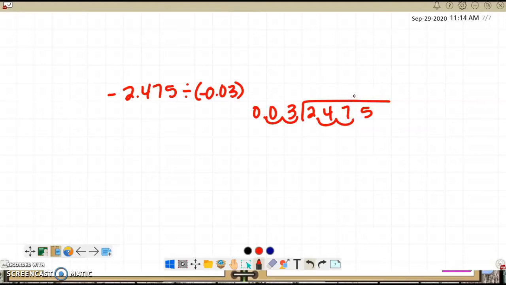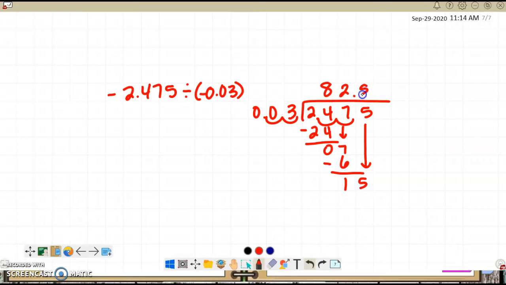Bring it to the top. 3 will go into 24 8 times with 0 left over. Bring down your 7. 3 will go into 7 2 times with 1 left over. Bring down your 5. And 3 will go into 15 5 times evenly. So my answer is 82 5/10.